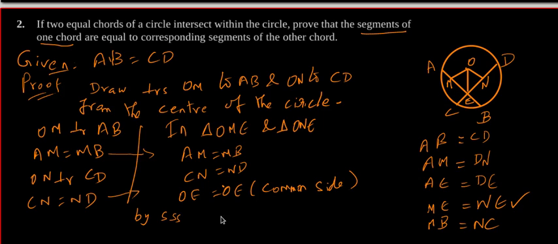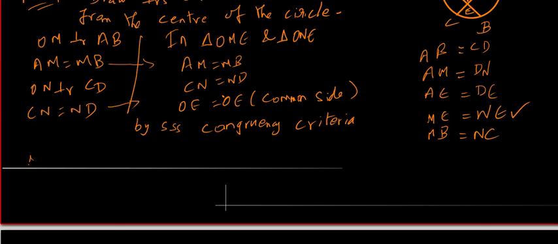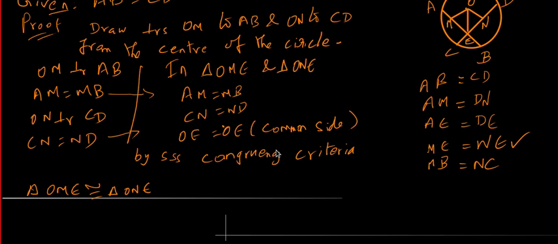By the SSS congruency criteria, we can say that these two triangles are congruent. So triangle OME is congruent to triangle ONE. By CPCT, corresponding parts of congruent triangles are equal, so we can say ME equals NE. It is given that AB equals CD.